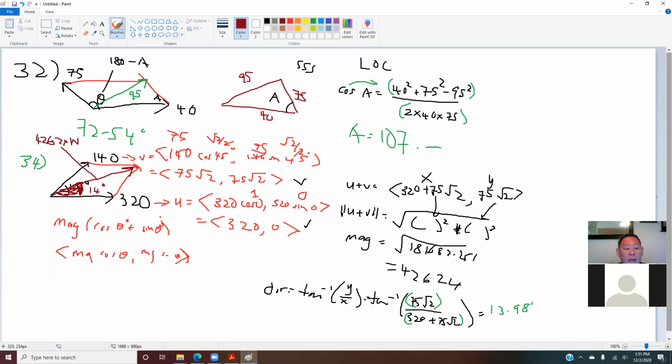So in other words, in physics, let's say this is something you want to carry, and one person pulls this rock 320 newtons directly at 0 degrees, and one pulls 140 at 45 degrees. This rock will move towards this direction, 14 degrees from the 320, and the force on the rock is around 426 newtons. So this is how heavy a rock you can move.